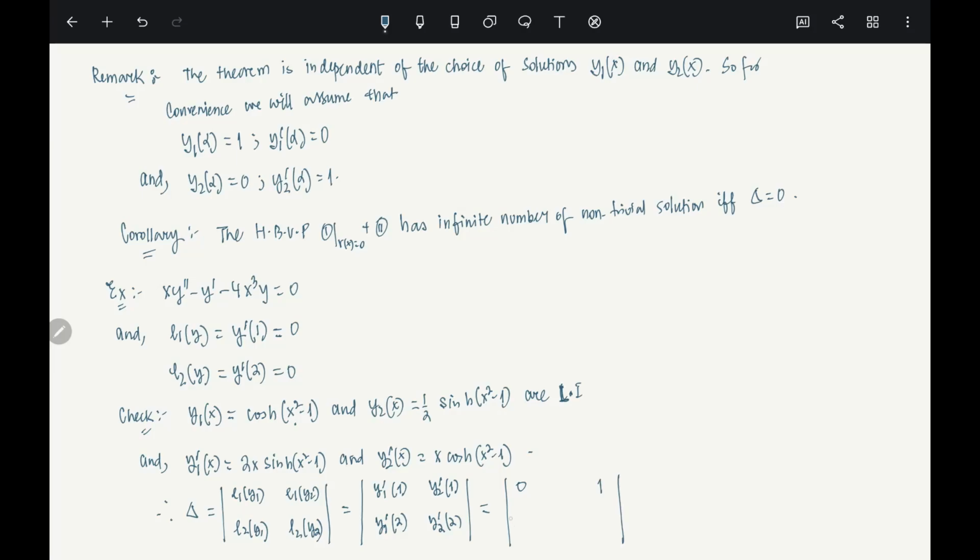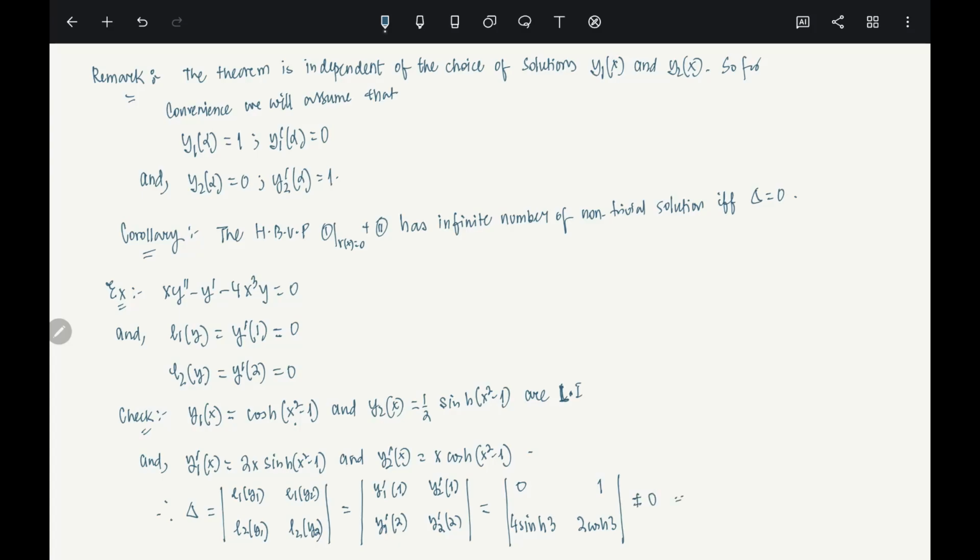At the point 2, it is 4 sine hyperbolic 3 and 2 cosine hyperbolic 3. So this is non-zero.